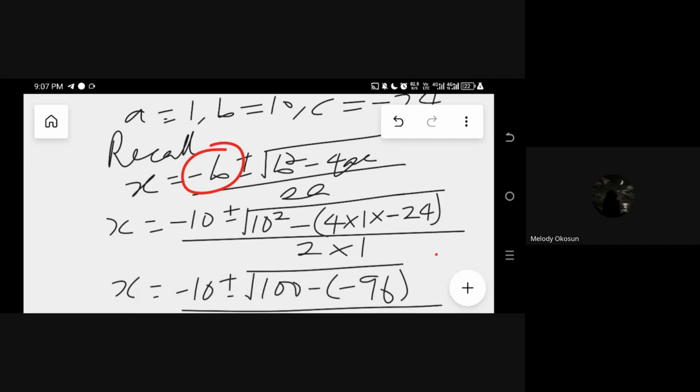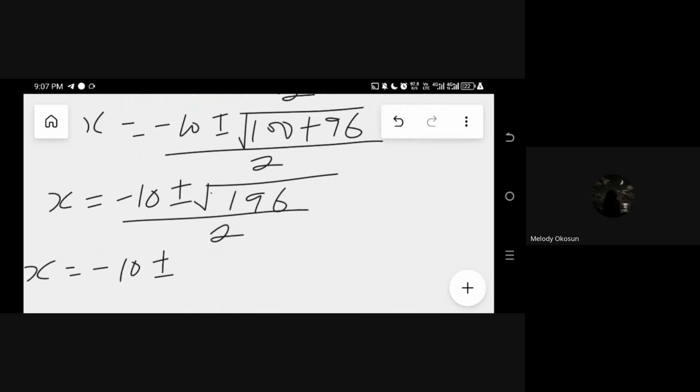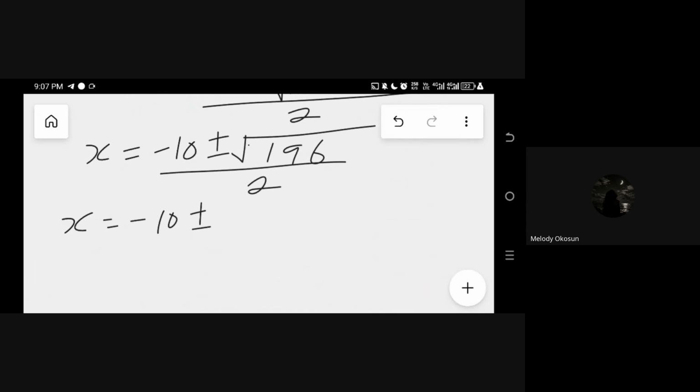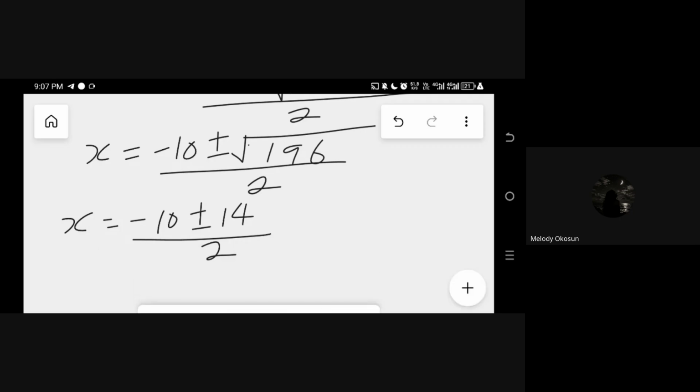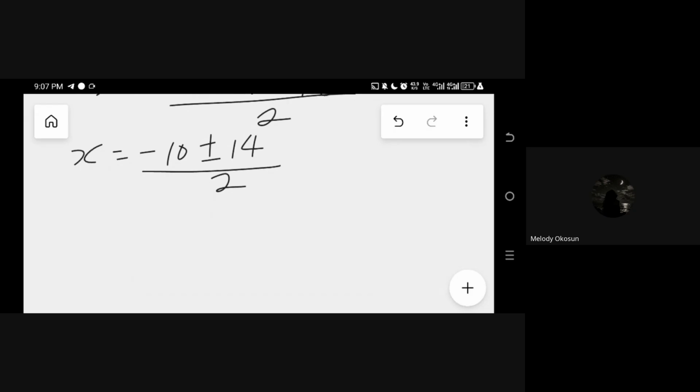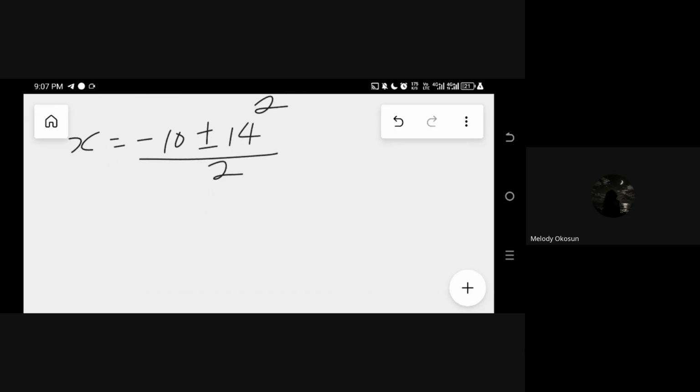Okay, so coming back here, minus 10 plus or minus the square root of 196, which is 14, then over 2. So we have S equals minus 10 plus or minus 14 over 2.